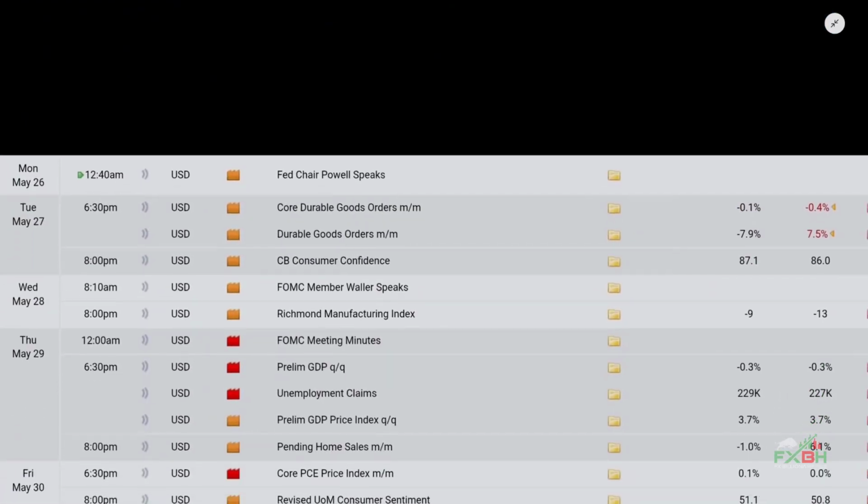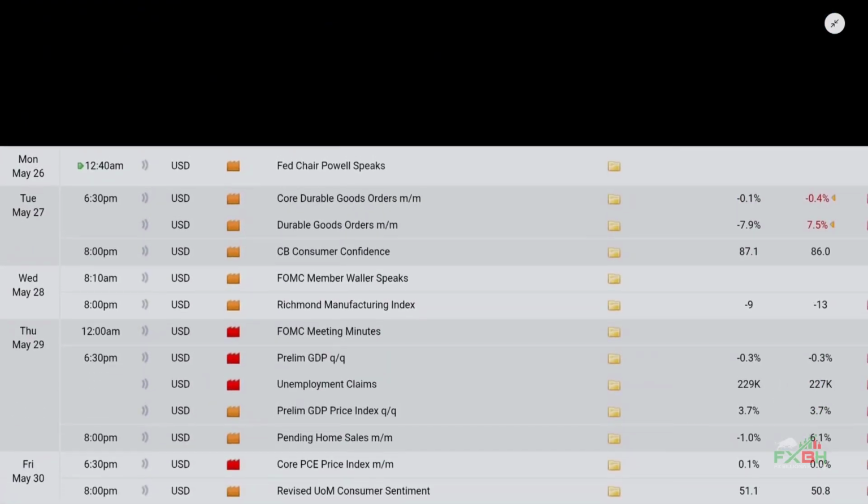As you can see, there is a chart of major and semi-major news from forexfactory.com, and all are USD red and orange color news. Red marked news are very important news, that means major news, and orange color news are semi-major news, less important than red.